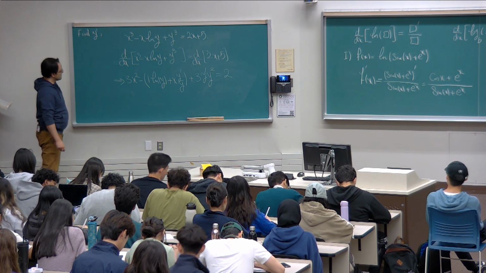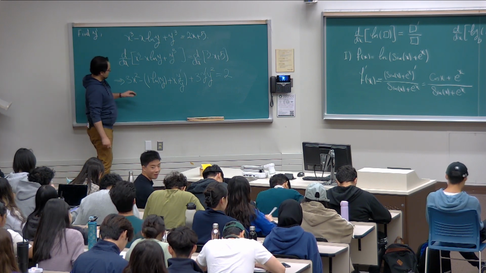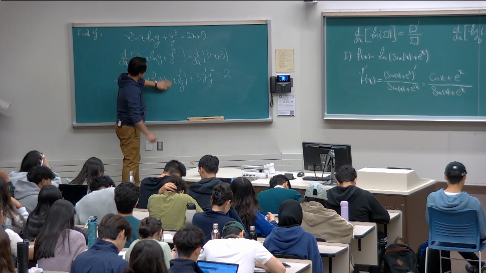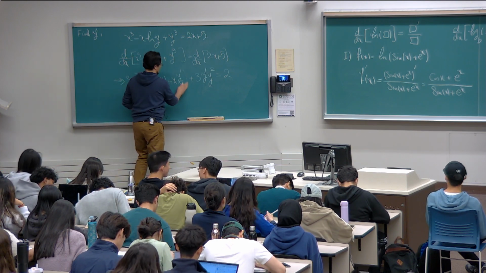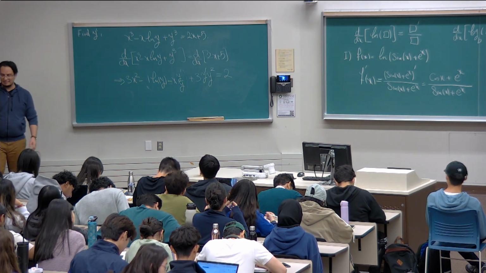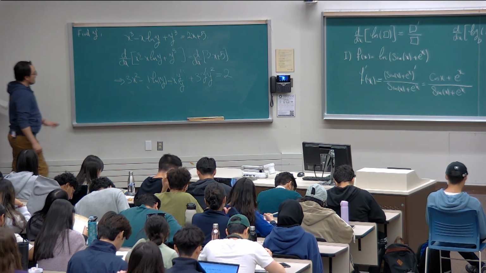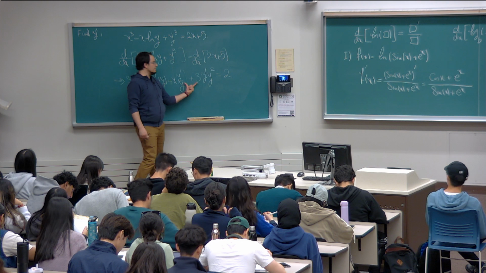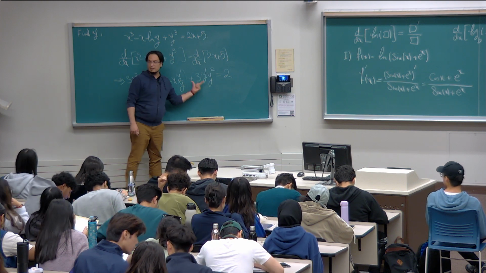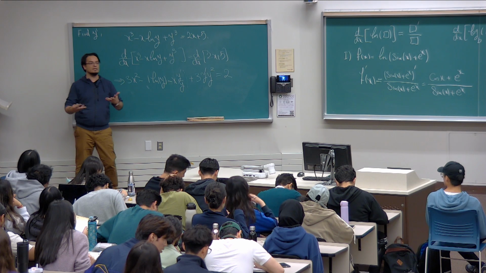Now, I can do this. I can just multiply that negative sign inside. Now, I see that this term and that term, these two have y prime. So I'll keep them on the left-hand side. I want to isolate y prime.